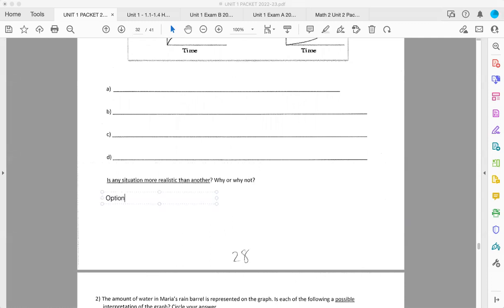Option A, or choice A, sounds more realistic than the other options, as it shows that the flag was raised at a constant speed.